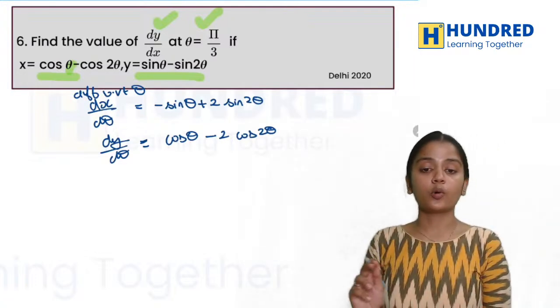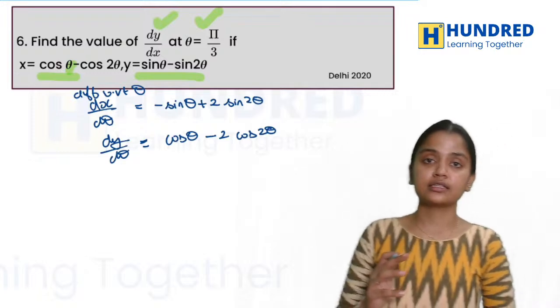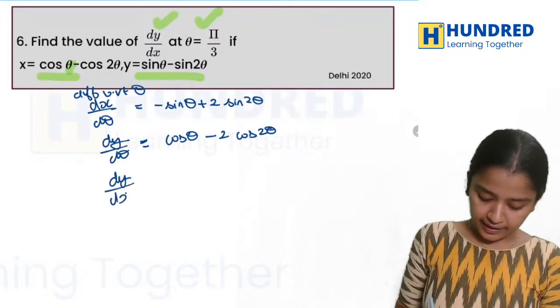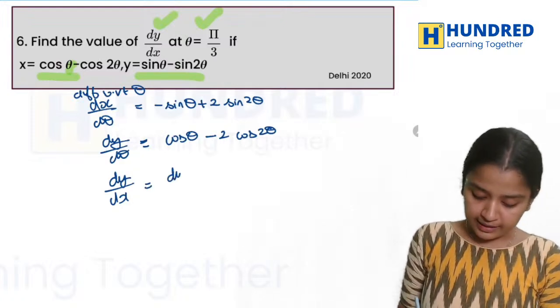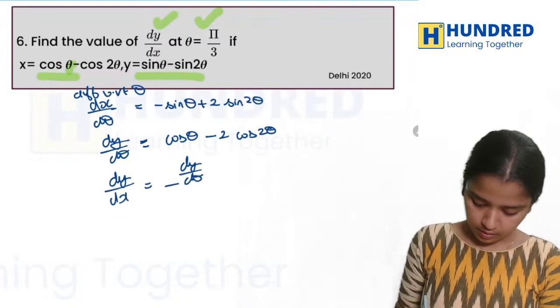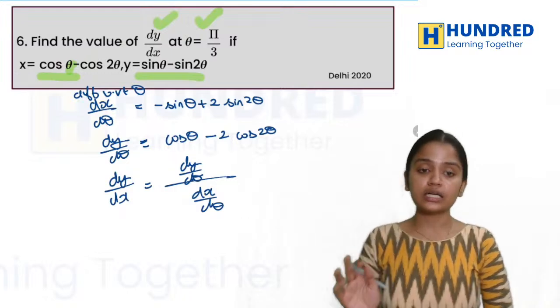In our question it is nothing but dy by dx. So dy by dx will be equal to dy by d theta divided by dx by d theta. That is what is going to happen.